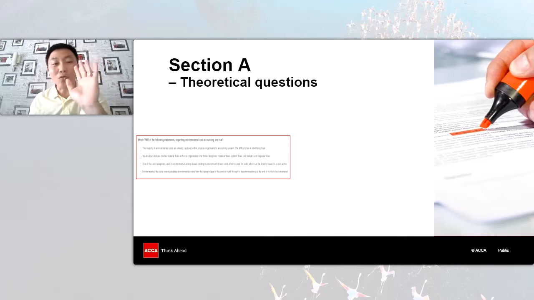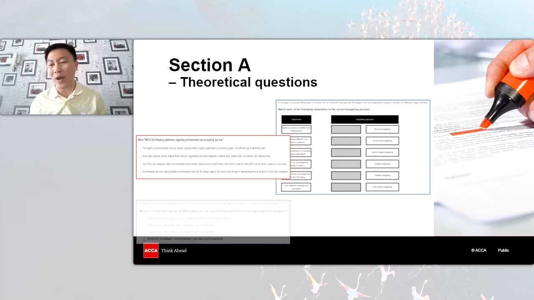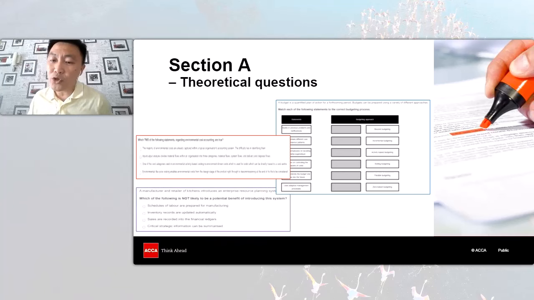Okay? So let's take a look at some samples of the theoretical questions. Guys, don't try to stretch your eyesight to read what exactly this question is all about. It is not intended for you to read and answer the questions. But what I'm trying to show all of you is, if you take a look at the 3 boxes found on the screen now, there are 3 types of theoretical questions in Section A. The one in the red line box on the left, and the one in the purple line box at the bottom left.